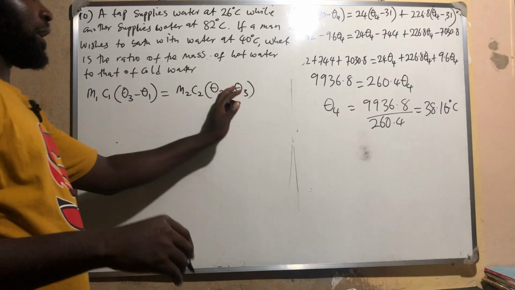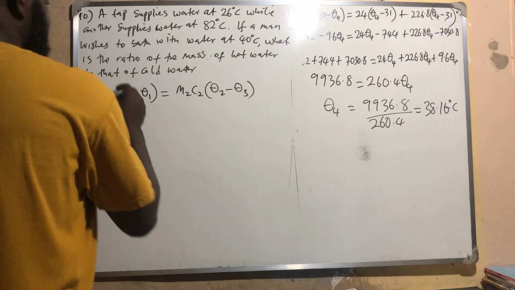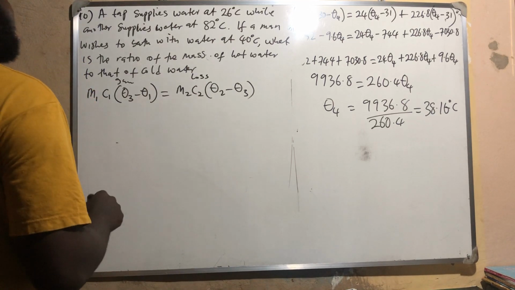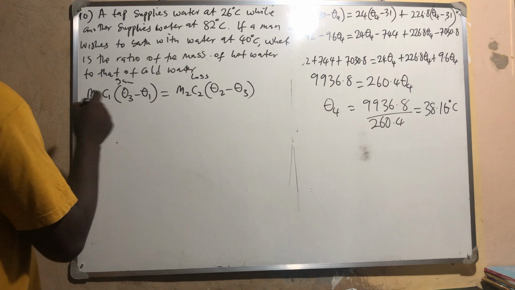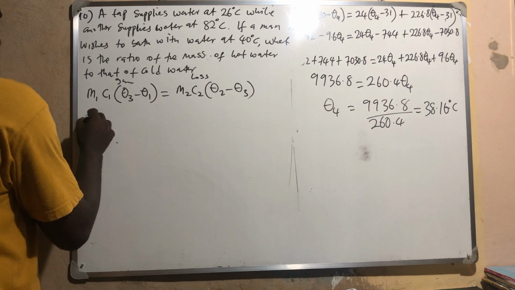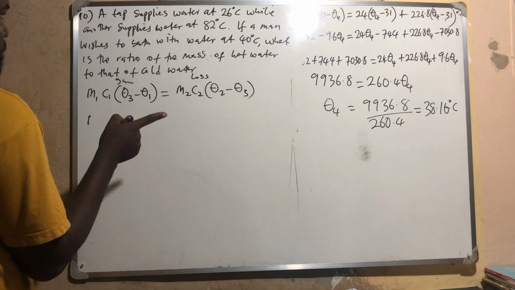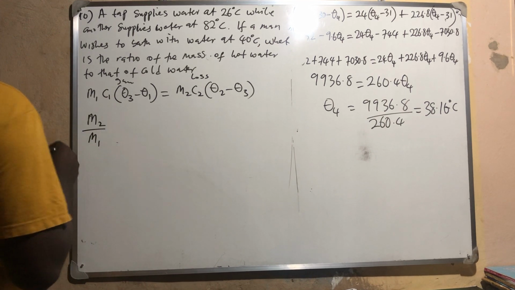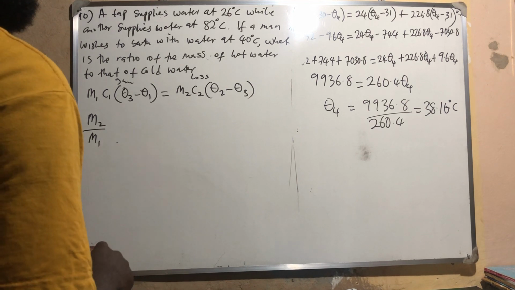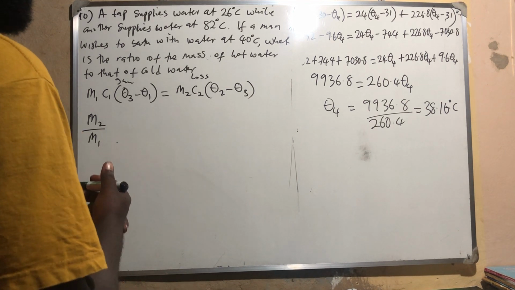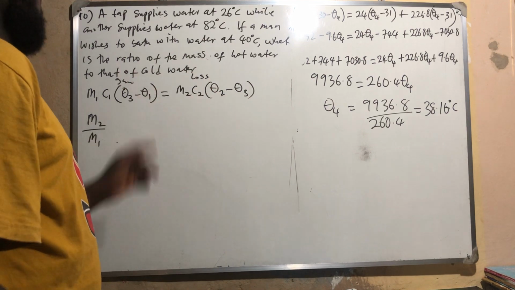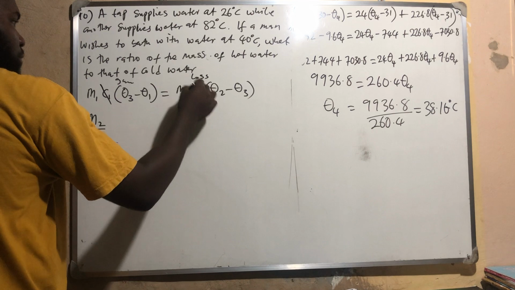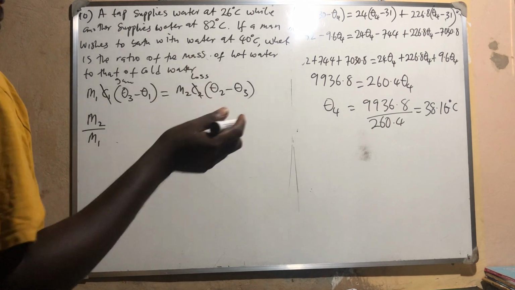It's supposed to be theta 3 minus theta 2, but this one is losing. So here is gain, here is loss. Okay, they ask what is the mass of the hot to the cold? So that is M2 over M1, because M2 is the one that is hot and M1 is the one that is cold. The one that is hot is losing. So the specific heat capacity of water will always cancel out.